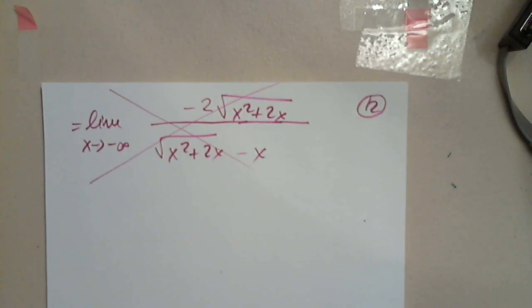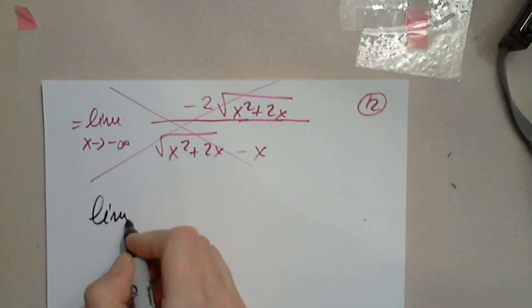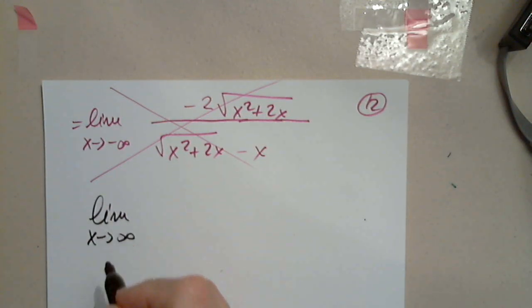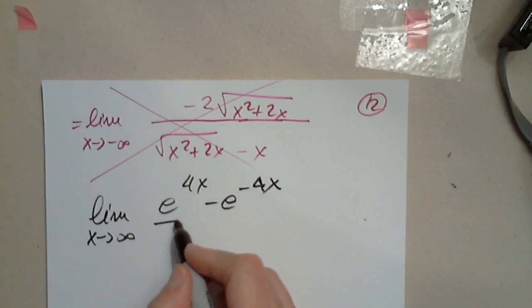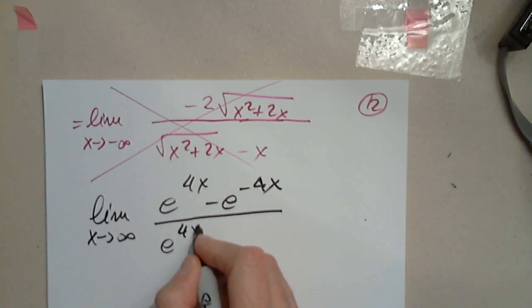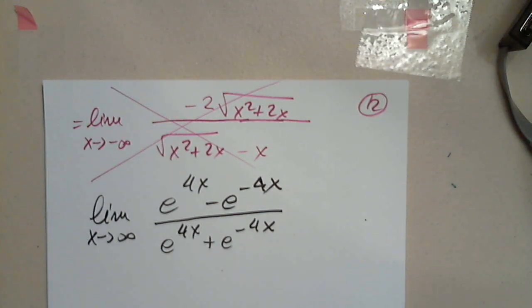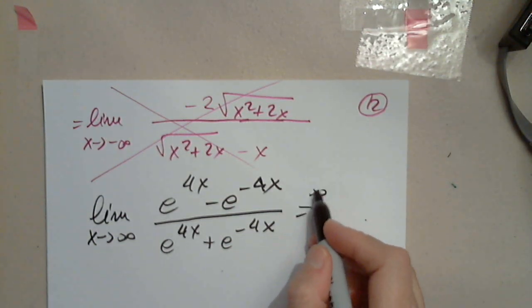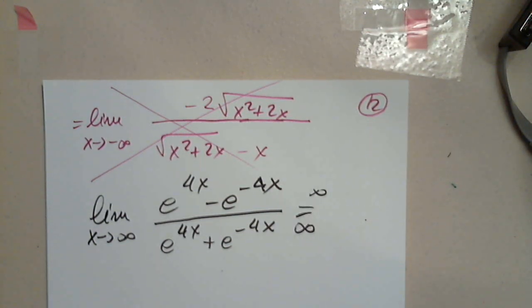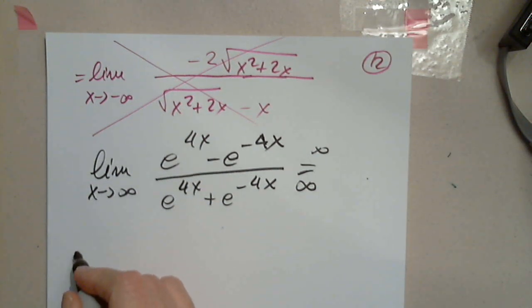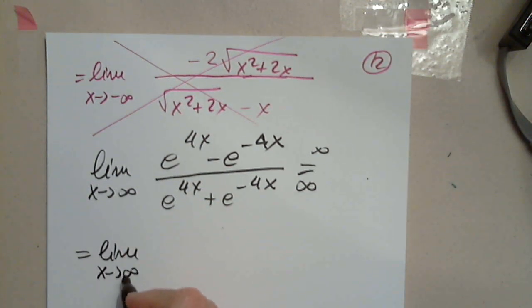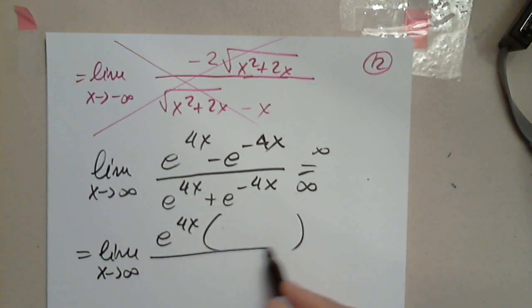That's E. And you also asked about F. This is a problem from a previous test. So e to 4x minus e to -4x divided by e to 4x plus e to -4x. This is another situation in which the numerator approaches infinity, the denominator approaches infinity, but I wouldn't work it with L'Hopital's rule, because it's much easier to factor out, again, the highest power.